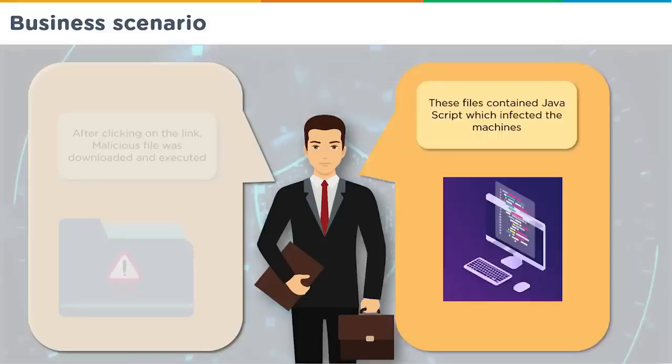Once executed, these scripts or the content within these files, maybe a virus or a Trojan, will start executing themselves and start infecting machines and start basically behaving the way they have been programmed to behave. In this scenario, a lot of users started reporting that their machines started crashing or the systems hanged.